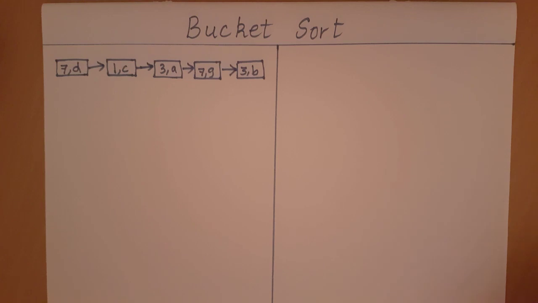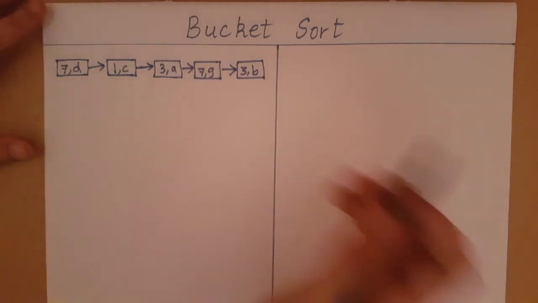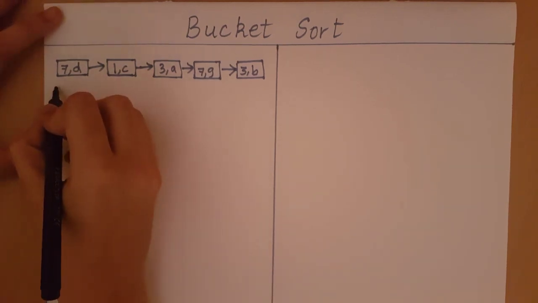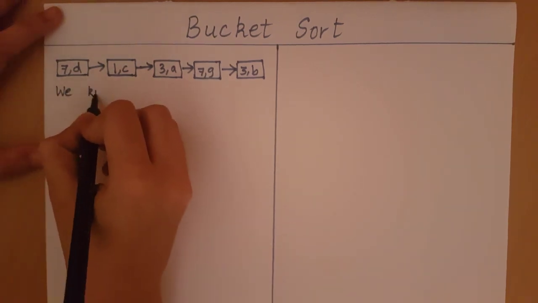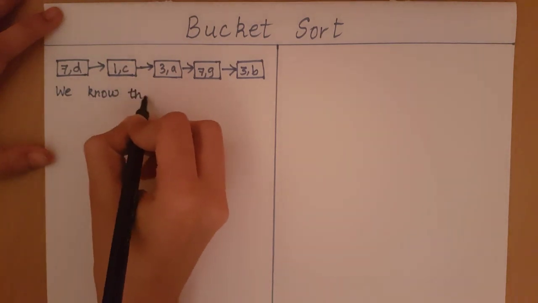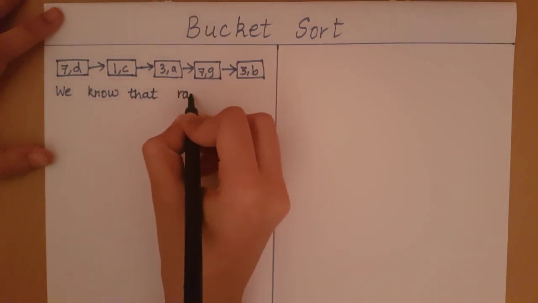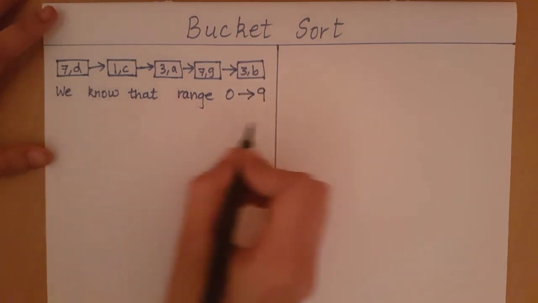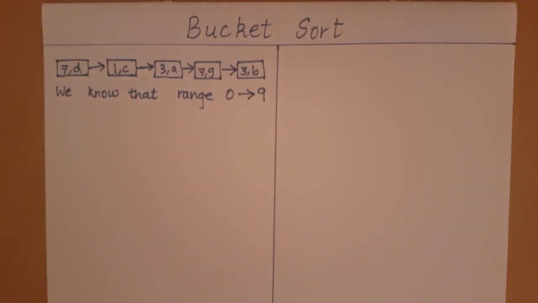So what will I do? I know for a fact that these numbers are going to be in the range 0 to 9. This is information given to me before I start sorting. So we know that the range of the numbers is going to be from 0 to 9. This is information we will receive.